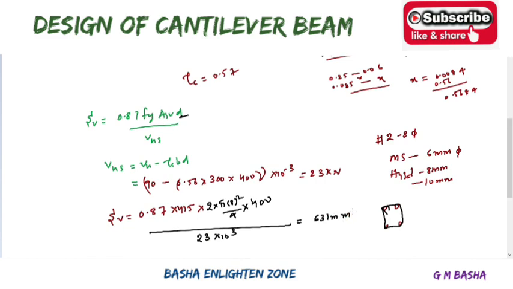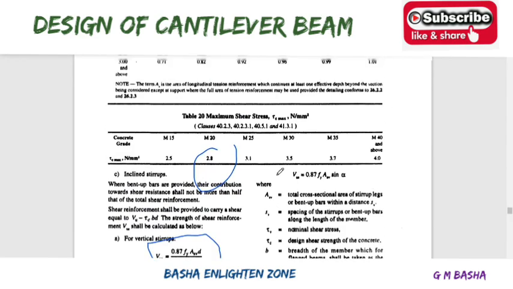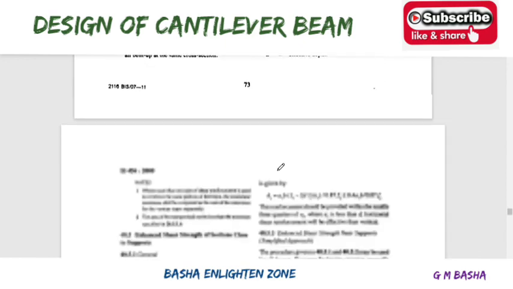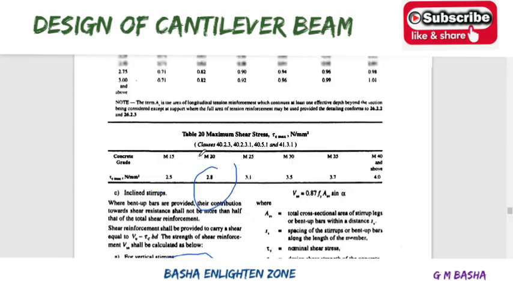Means your spacing will be getting a higher value. So according to the codal conditions, we know your Sv should not be greater than 0.75d. See here, if the condition is given in the codal provisions, you can follow that one.